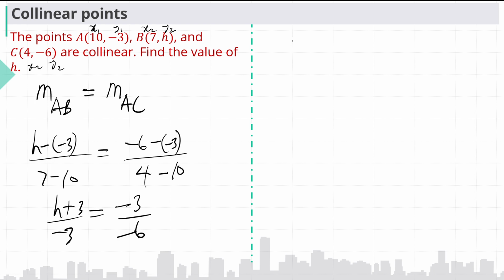which in turn gives minus 6 multiply h plus 3 equals minus 3 multiply minus 3. That's when we cross multiply, this is what we get. And next thing we can do is to divide both sides by minus 6.